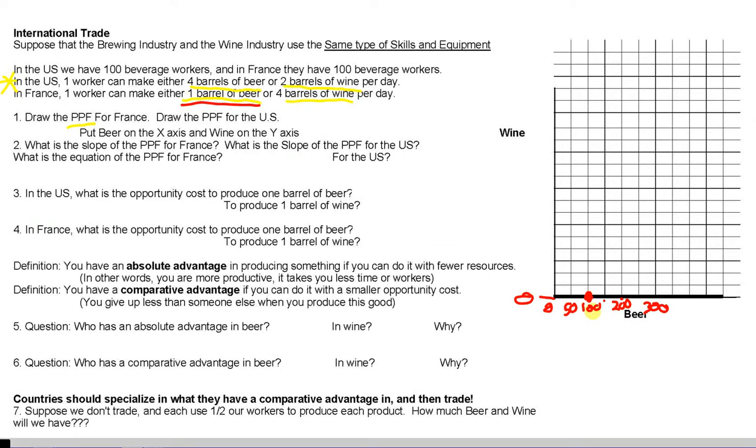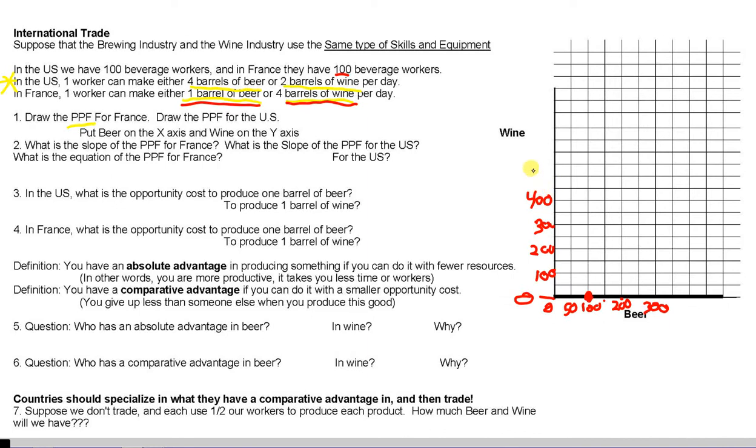Now, what if they went to the other extreme and France decided to take all of their 100 workers and make nothing but wine? How many could they make? Well, let me label the axis here. So that's 50, 100, 150, 200, 300. So every 2 tick marks will be 100 here.